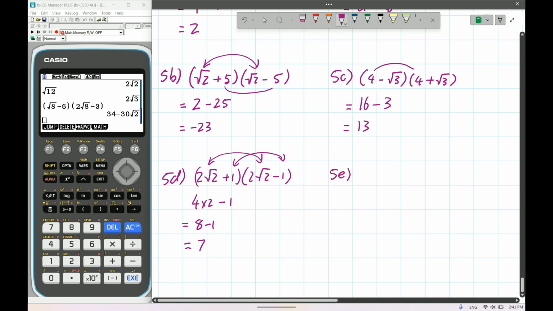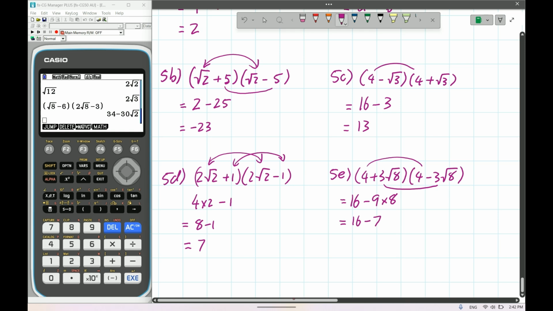5e, let's have a look. So 5e is 4 plus 3 root 8 and 4 minus 3 root 8. Cool. So 4 times 4 makes 16. 3 times 3 is 9, so that's a minus 9 times the square root 8 times the square root 8, which makes 8.